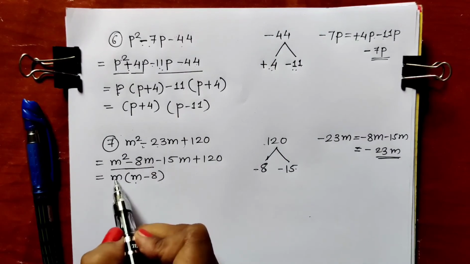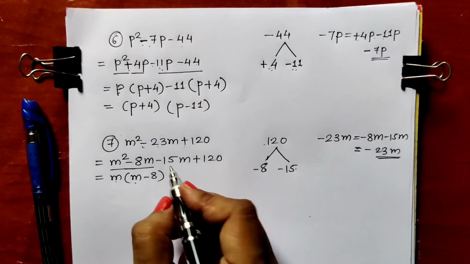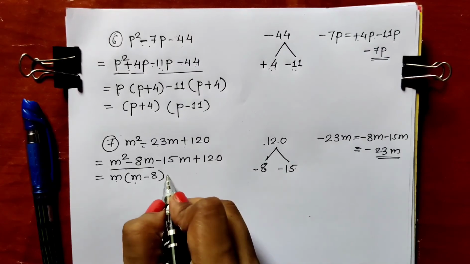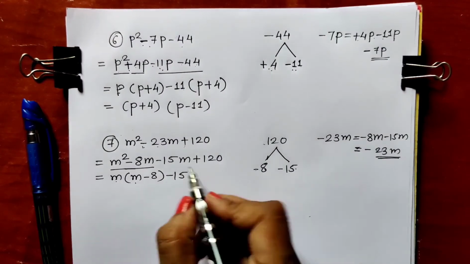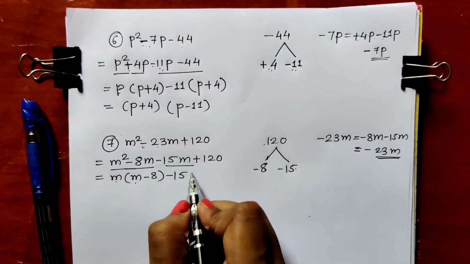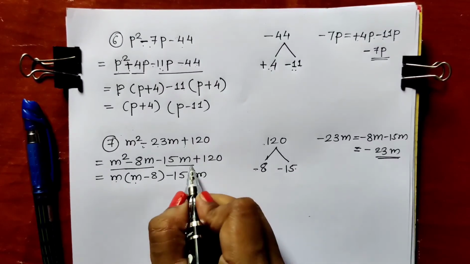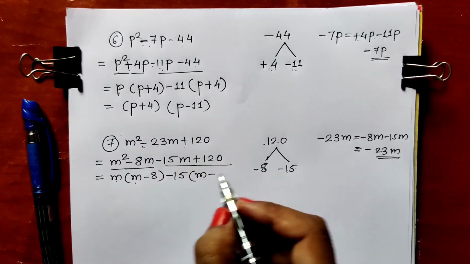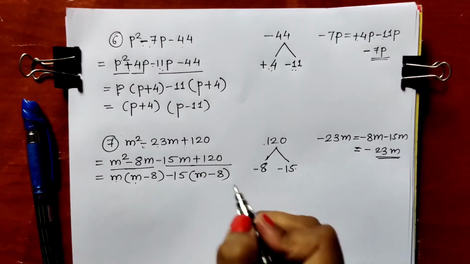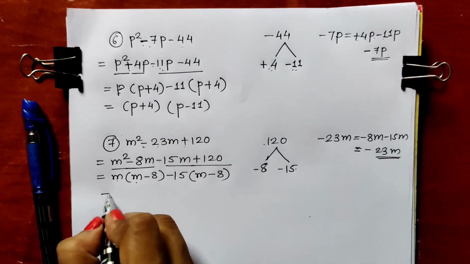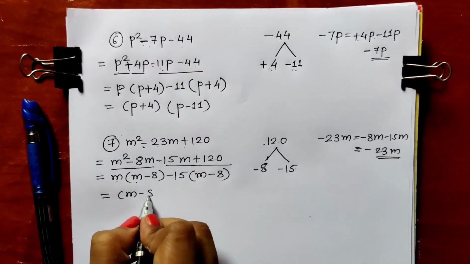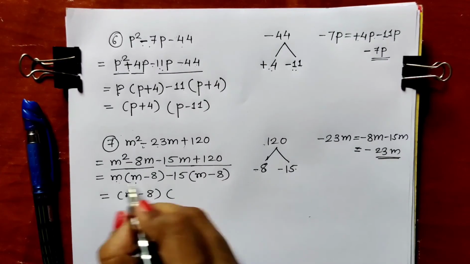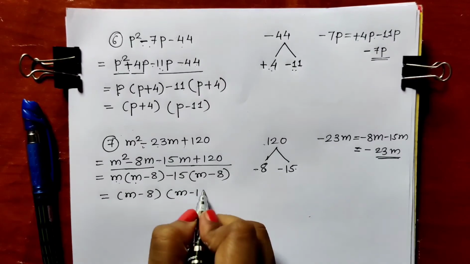From the second term m taken out common, minus 8 is remaining. Now from minus 15m and 120, minus 15 is common. From 15m, 15 is taken out common, m is remaining. Plus minus will become minus. 120 divided by 15, we get 8. So the bracket m minus 8 is common. We write it one time. In the second bracket we write m and minus 15.